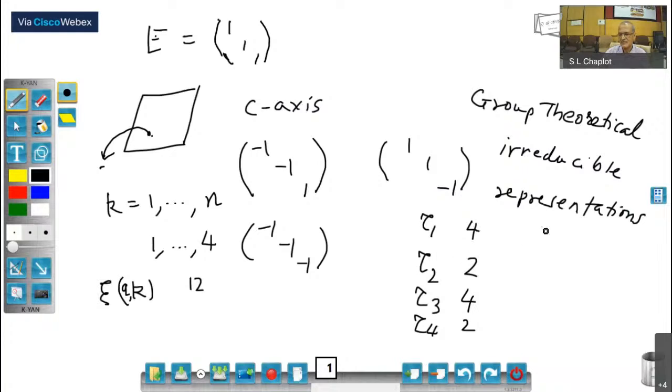So we have certain information about the symmetries of the phonons belonging to each representation. This information is very useful to decide at what G values these can be measured. Quite often, the G values at which tau 1 can be measured, tau 3 cannot be measured. So there are certain selection rules coming from group theory.